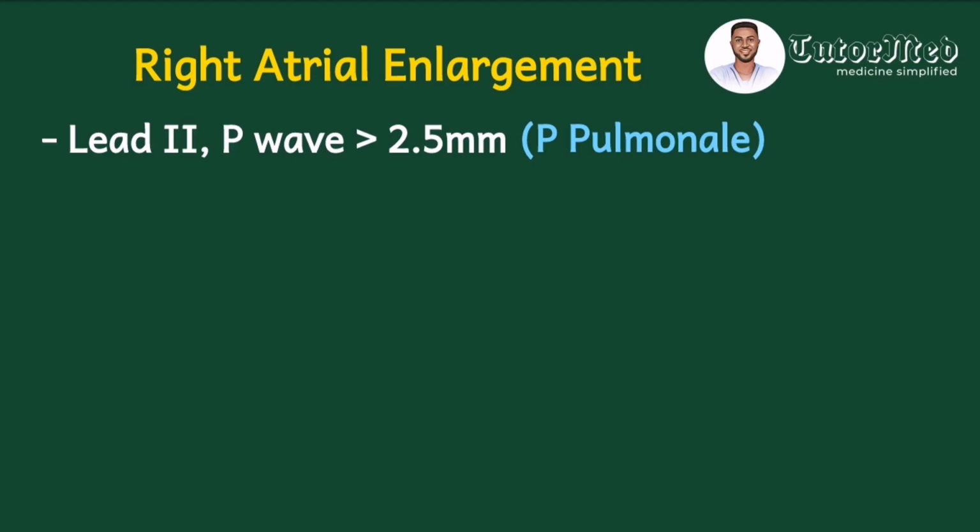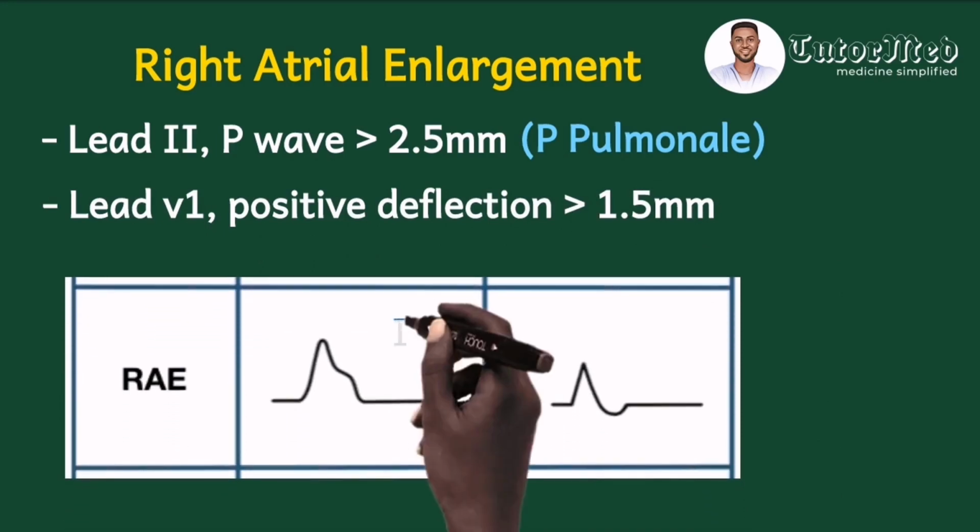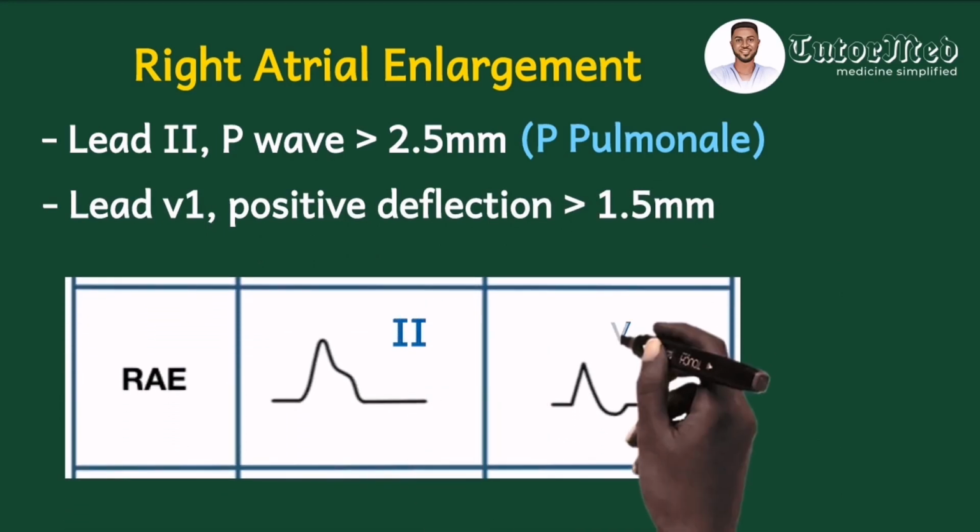Remember we said the P wave in V1 is biphasic, and the first positive deflection is for the right atrium, right? And so if you have an amplitude of the first or positive deflection more than 1.5 millimeters in V1, it also speaks for right atrial enlargement.